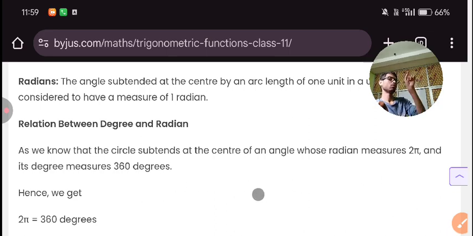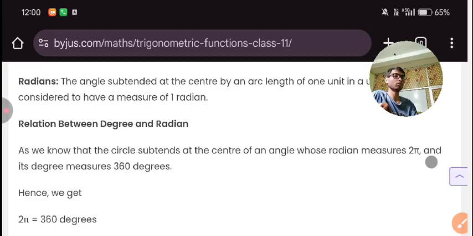So the upper half would be 1 pi and the full would be 2 pi. This is the complete revolution in radians. So 1 pi would be equal to 180 degrees.